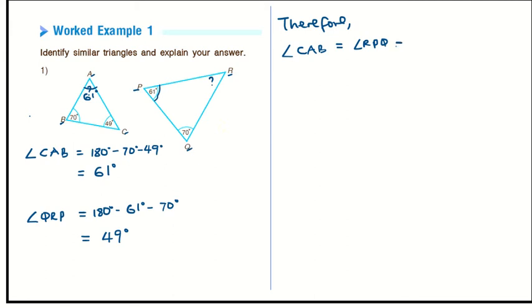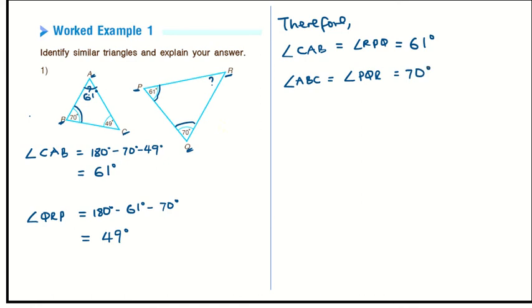And so it is equal to 61 degrees. Okay? We can also see that angle ABC, this one, is equal to angle PQR, this one. And it is equal to 70 degrees.